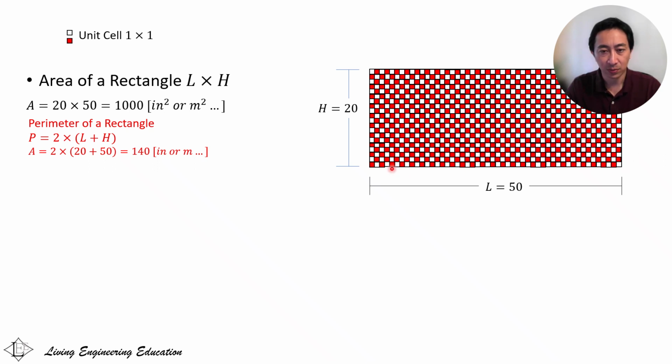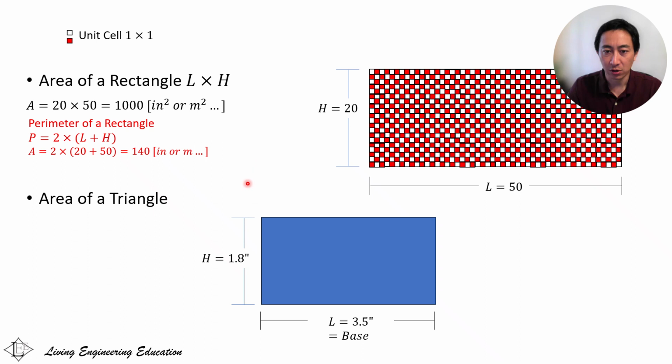Well, you have two sides that are h length, so 2 times h, and two sides that are l length, so 2 times l. So 2h plus 2l, or 2 times (h plus l). For a rectangle or square, it would be the same thing. So in this case, this will be 140, and in this case you're just adding the length scales or the units. So this will be in inches or meters, whereas the area will be in length scale squared. Okay?